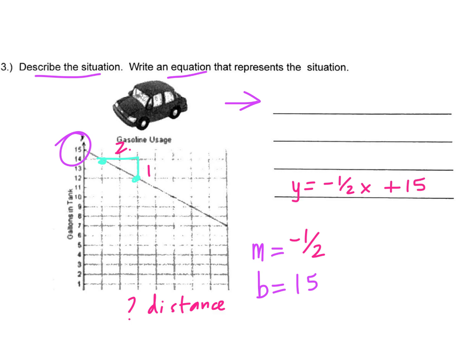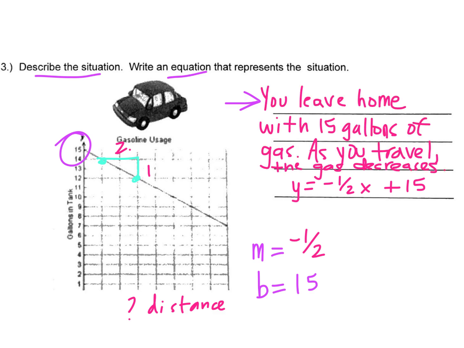And then we have to describe the situation. Something like you leave your house with 15 gallons of gas, and as you drive, the gas is decreasing a half every mile or something. Okay, so something like that. You leave home with 15 gallons of gas, and as you travel, the gas decreases.